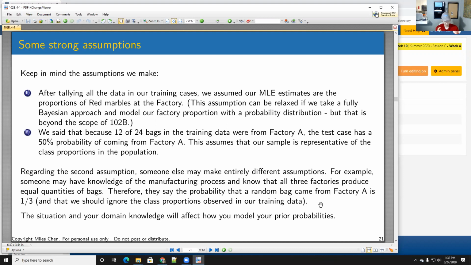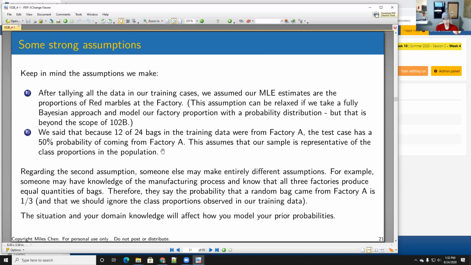There were a few assumptions that we're making. One thing is that after we tallied up the data, I didn't bother showing the actual data from this made-up scenario. We're assuming that the maximum likelihood estimates are the proportions of red marbles at the factory.